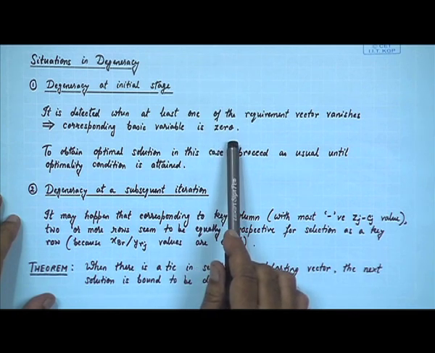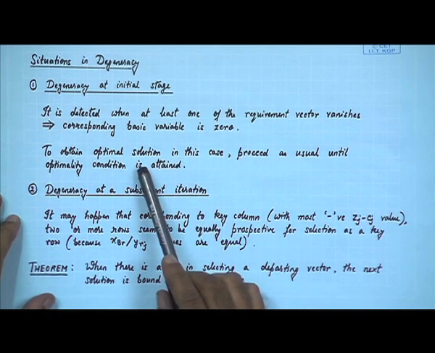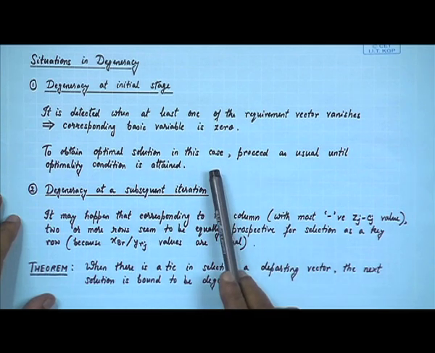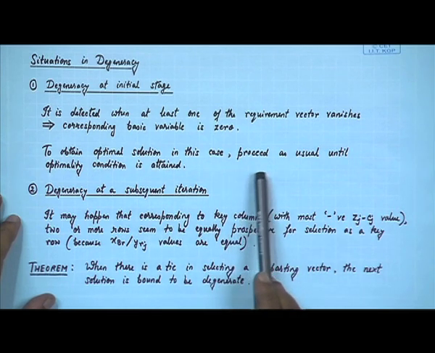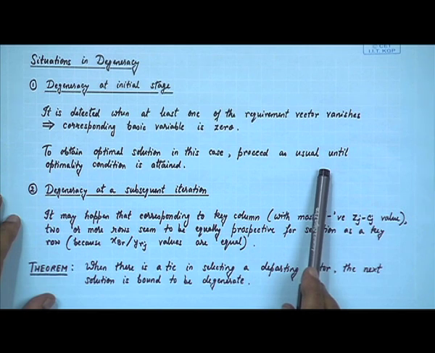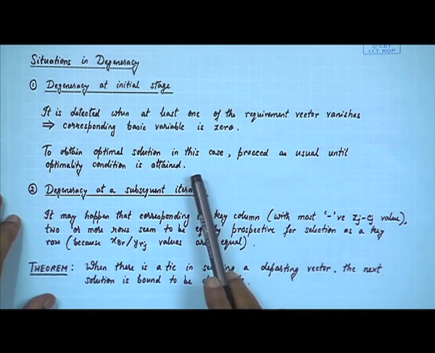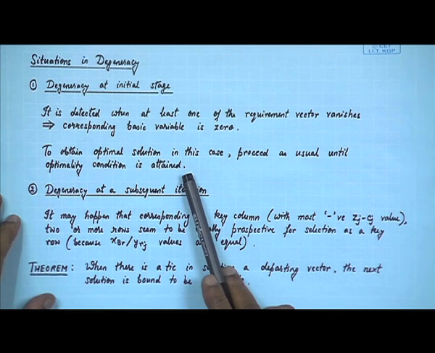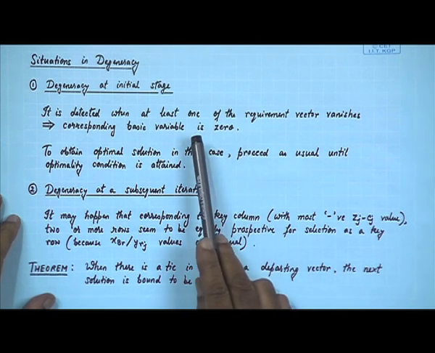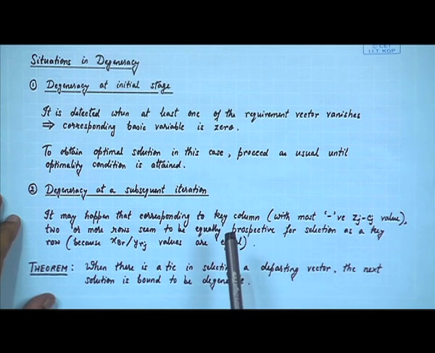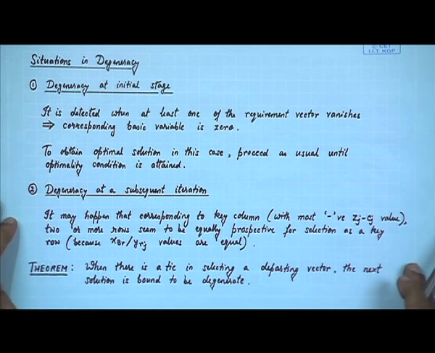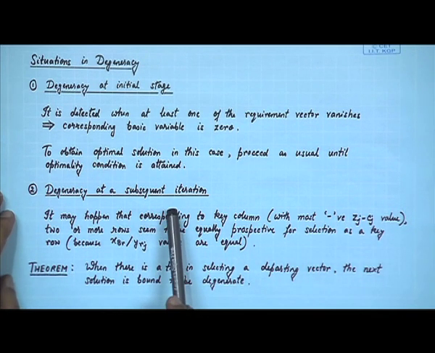To obtain the optimal solution in this case, you proceed normally, as usual, until the optimality condition is obtained. You do not have to do anything extra. But the second one is degeneracy at a subsequent iteration.